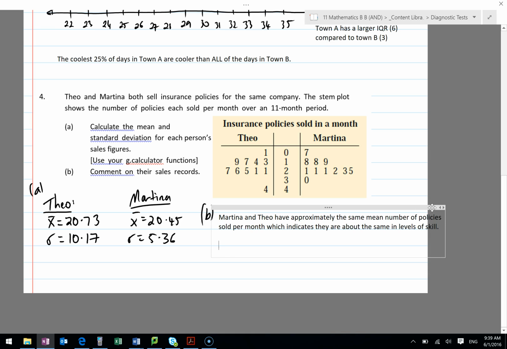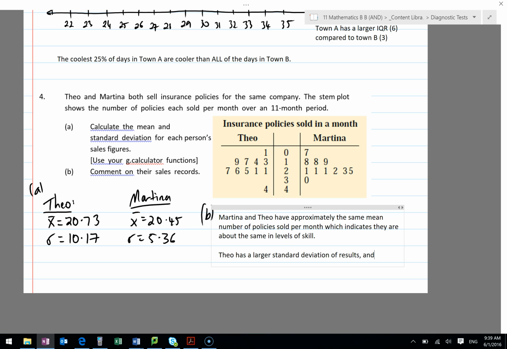Okay, but when we look at the standard deviation, we see that Theo's standard deviation is significantly larger than Martina's. So I'd say Theo has a larger standard deviation of results, and therefore is less consistent than Martina.